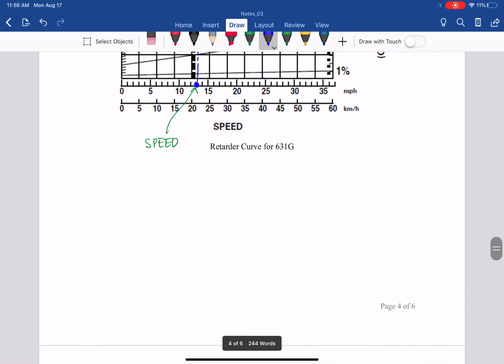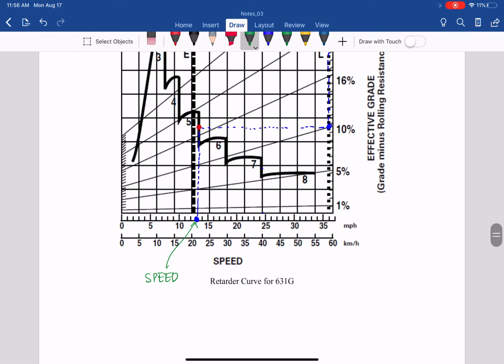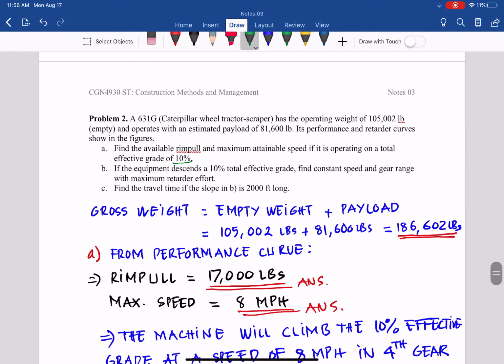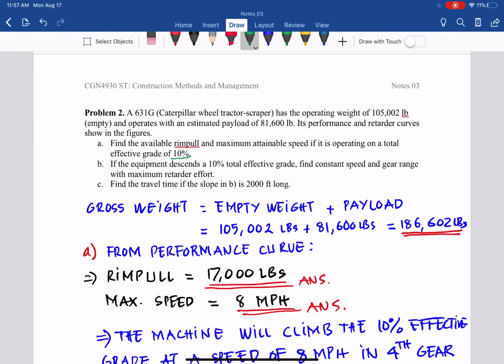Why fifth gear? If you go there, they meet in gear number 5. And that answered the question, constant speed and gear range that you see there.